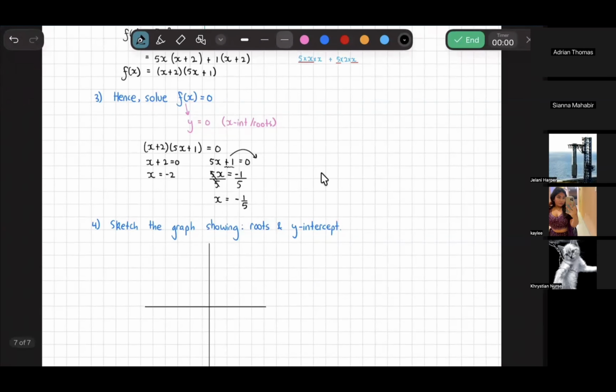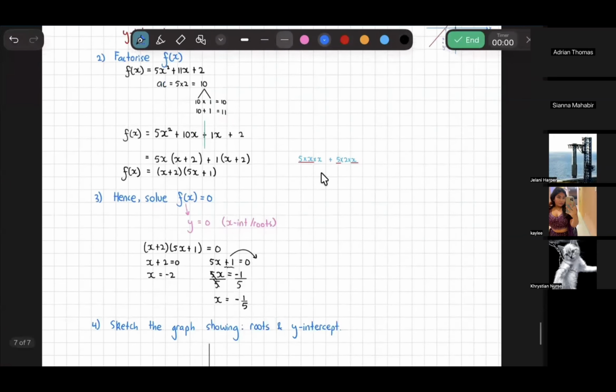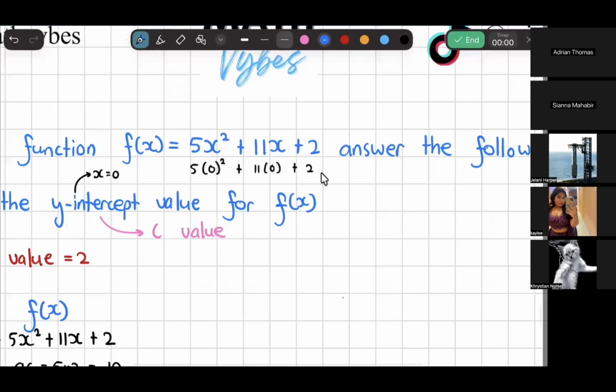So guys, look at the quadratic. Tell me, is this shape wrong or correct? It's wrong, sir. Somebody tell me why it's wrong. Because the coefficient is not less than 0. Exactly.